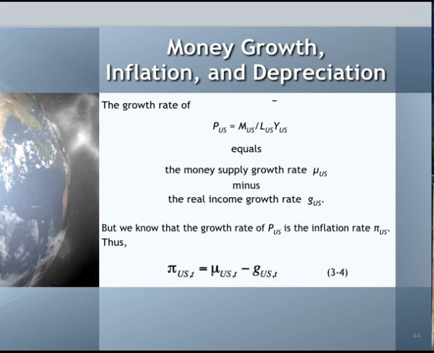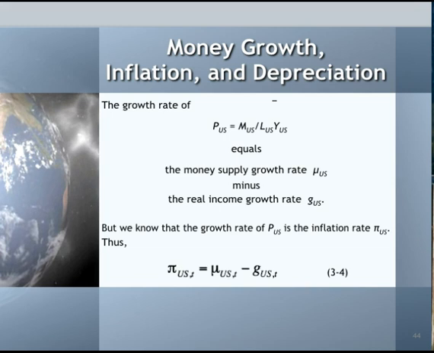And so we also know through calculus, but we didn't go through the details, that when we calculate the growth rate of a ratio, for example here, a ratio of the money supply divided by money demand, we can just simply take the growth rate of the numerator and subtract the growth rate of the denominator.